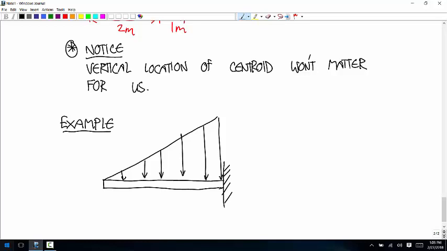The maximum value is 10,000 newtons per meter. And the width is 2 meters. And we want to calculate the reaction loads at the wall.